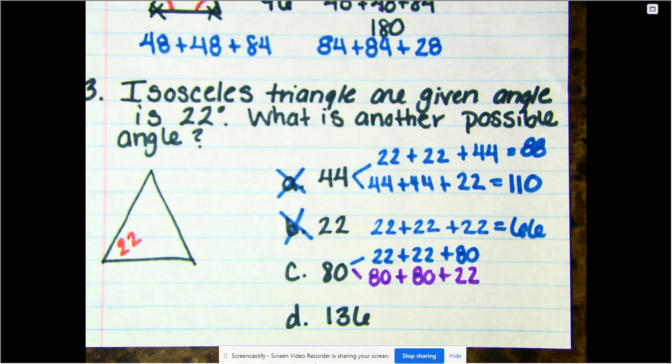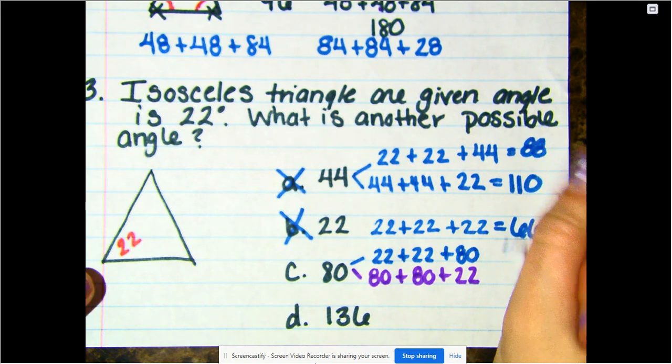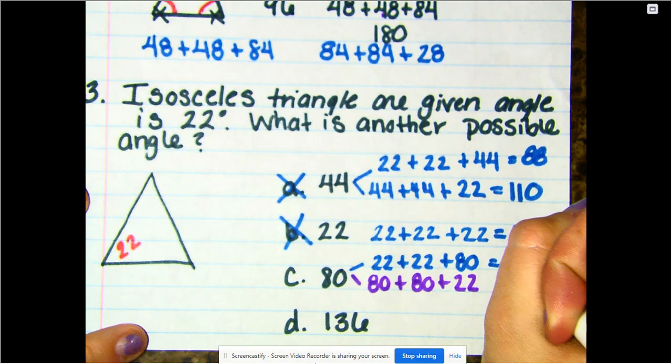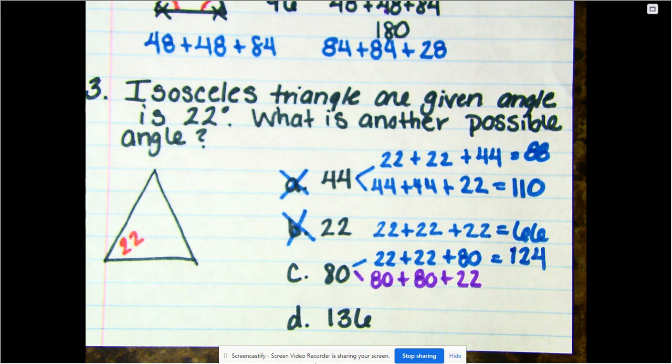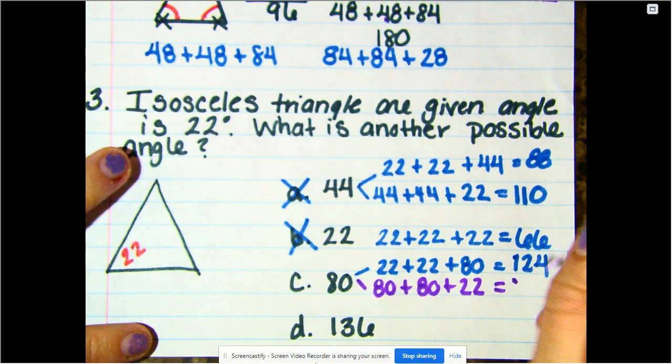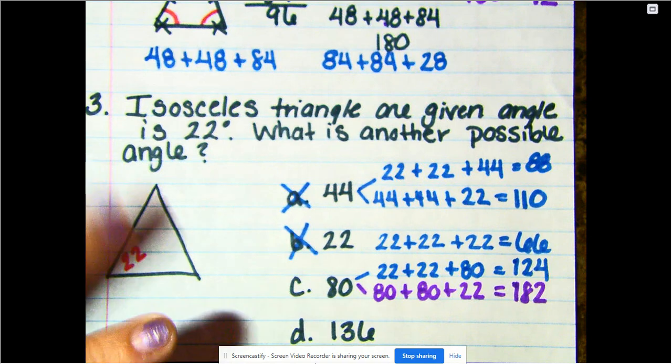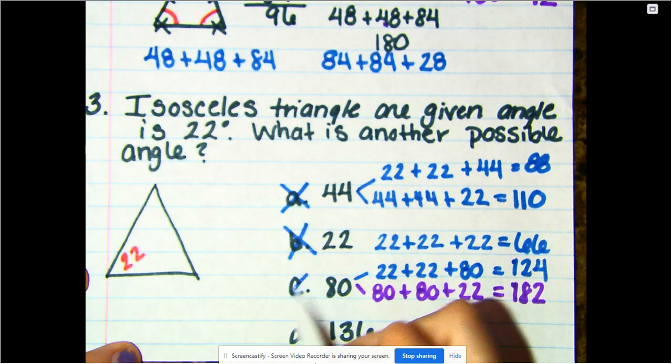So with either option, 22 plus 22 plus 80 adds up to 124. So that didn't work, but before we rule out 80, let's rule out this option as well. 80 plus 80 plus 22. And that adds up to 182, which is bigger than 180, so C is not an option as well.